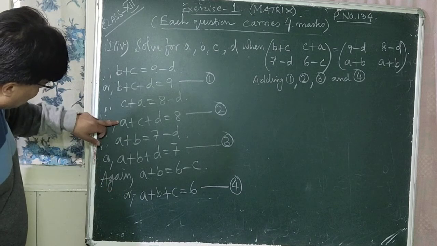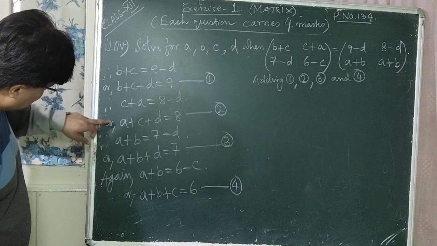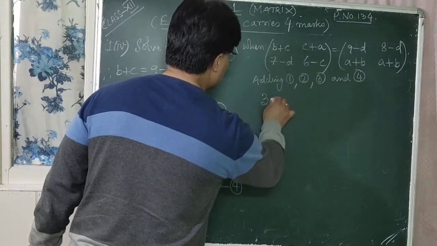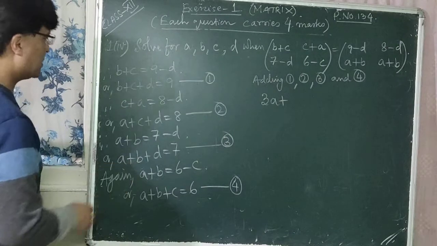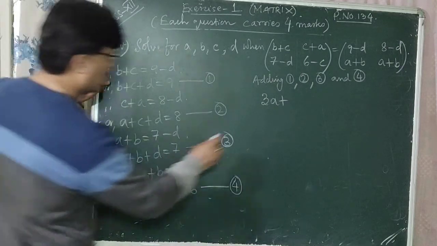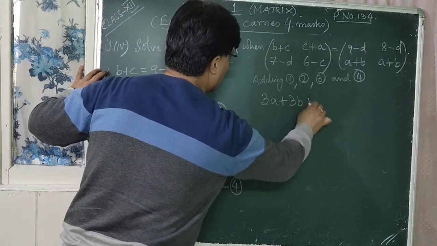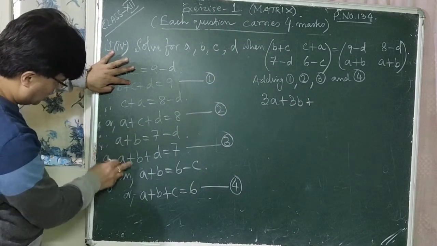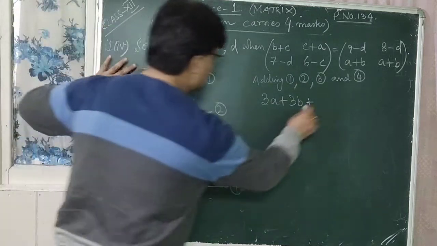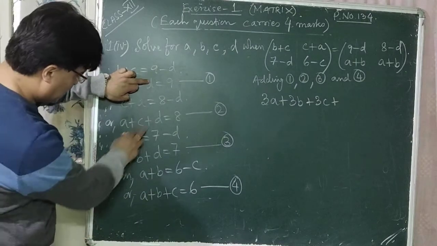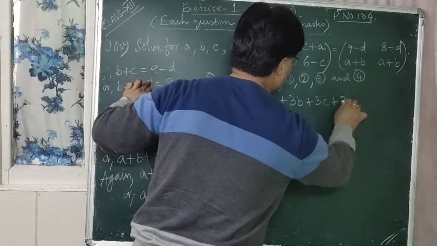So A plus A plus A, 3A, plus, how many B's are there? B plus B plus B, 3B, plus again you can add those C's, 3C, plus again D plus D plus D, that is 3D.